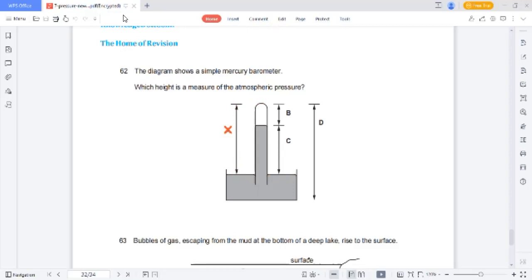Now this height includes some vacuum region and some water level, so that's why this option is incorrect. B is only the vacuum region, so that's why it is incorrect. So we are left with only this option, which is the correct option.